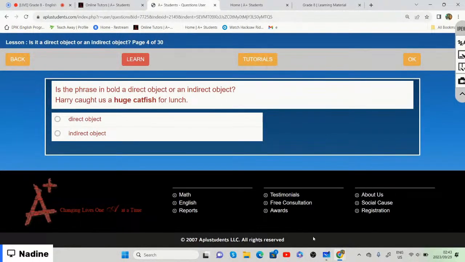Harry caught us a huge fish for lunch. So we need to say if this is a direct object or an indirect object.